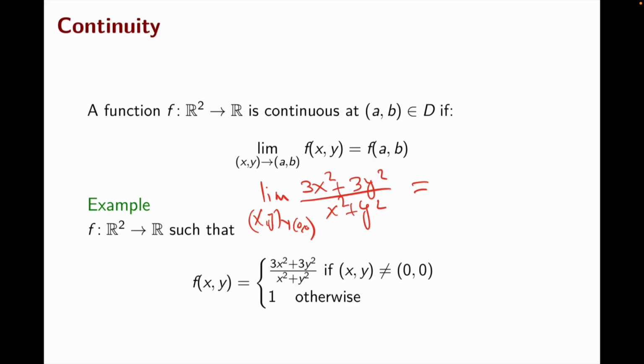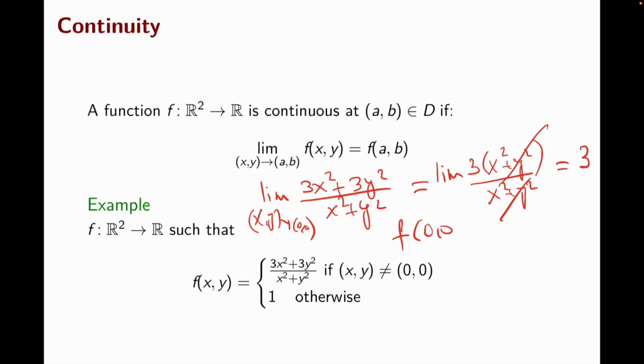This is 0 over 0, but we can see easily that the numerator is actually 3 multiplied by the denominator. So we can cancel, and we can see that this limit is equal to 3. So we proved that the limit is equal to 3. And the function, how much is f evaluated at (0, 0)? Well, according to this definition, when (x, y) is (0, 0), it is the other part, right?